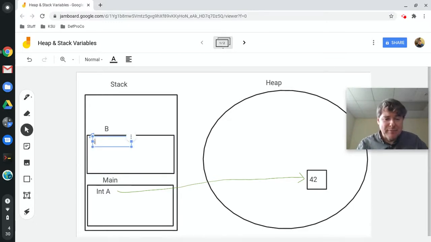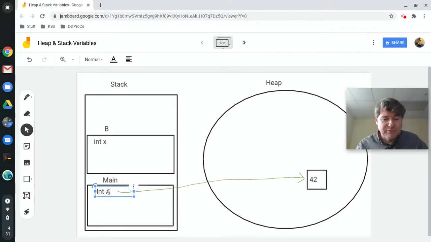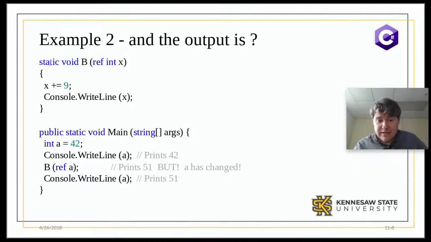I think it's automatically capitalizing my I, and I apologize for that. And also this A down here should have been lowercase. I'm just going to correct those in case that gets confusing to anyone. All right, there we go. All right, so as I said, int x is created at the moment that B is invoked. We know this because we specified in the argument list that x is a variable inside of this method.